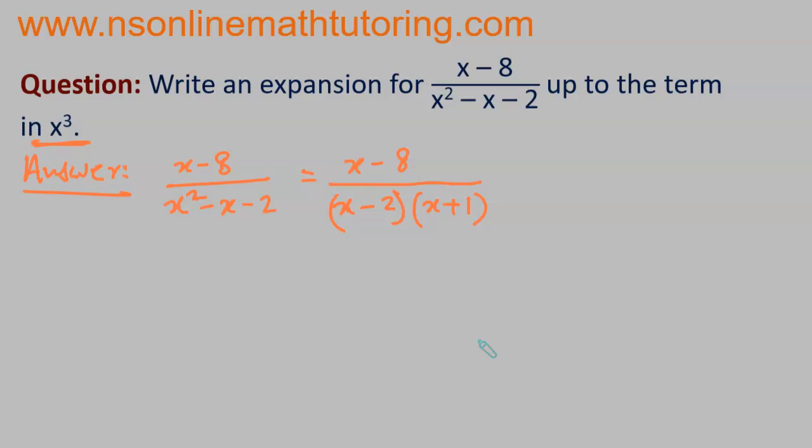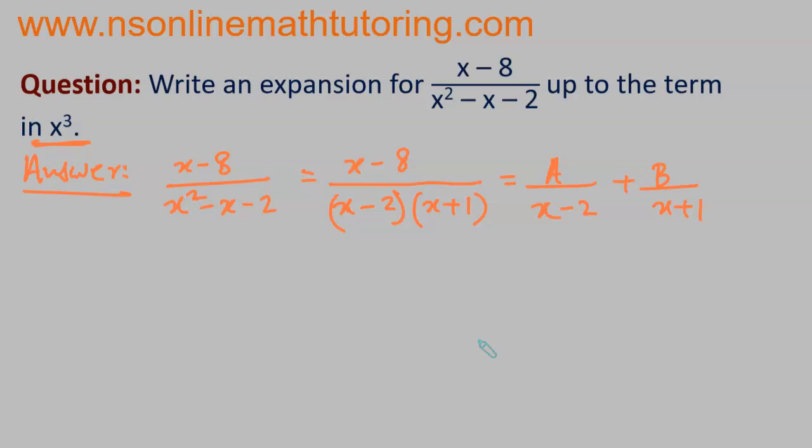x times x is x square, negative 2x plus 1x is negative x, and negative 2 times 1 is negative 2. So this is the factorized form, and this should be equal to A over x minus 2 plus B over x plus 1. And we have to first get the two terms of the right hand side to have the same denominator.